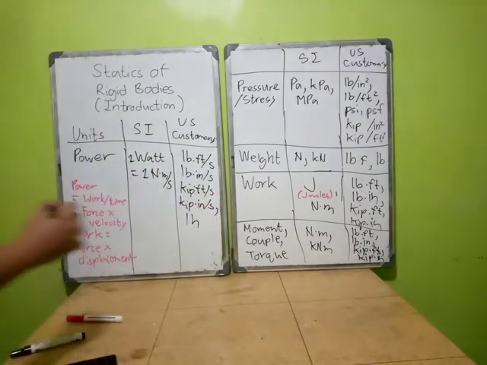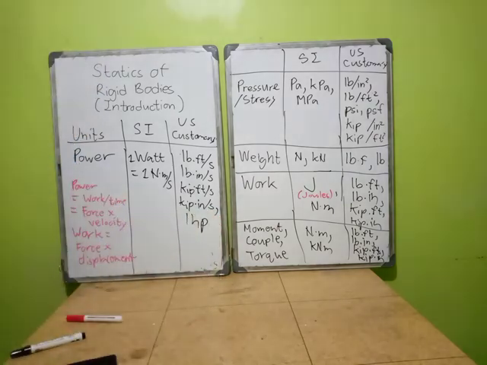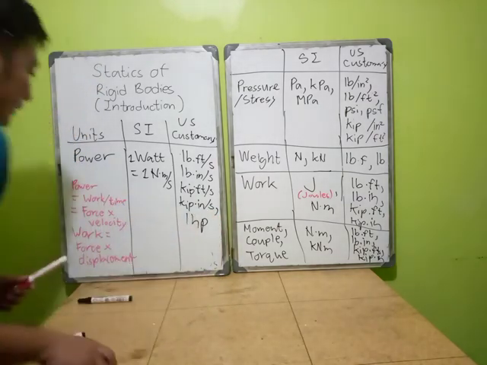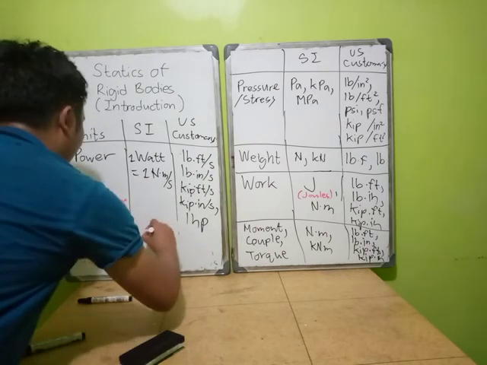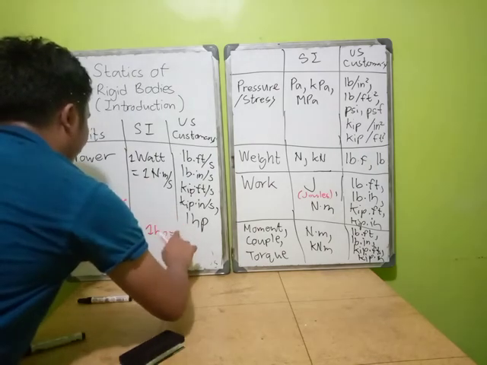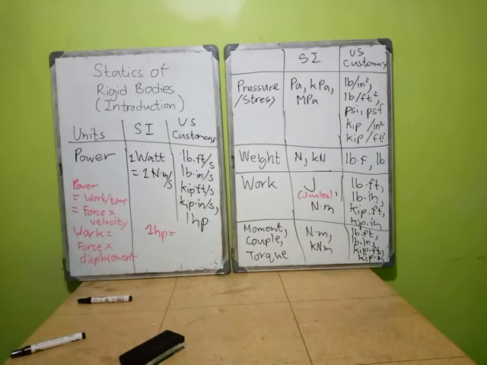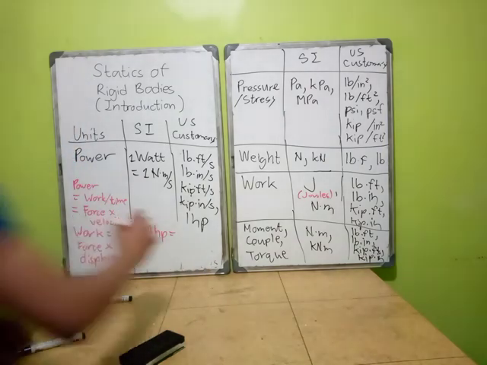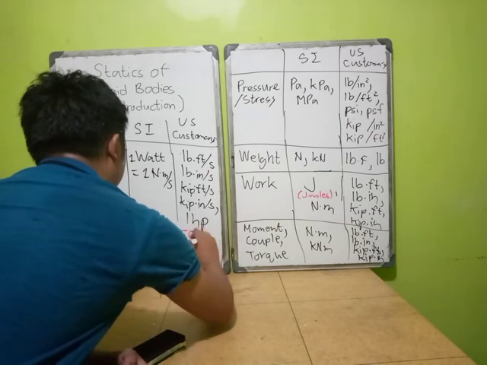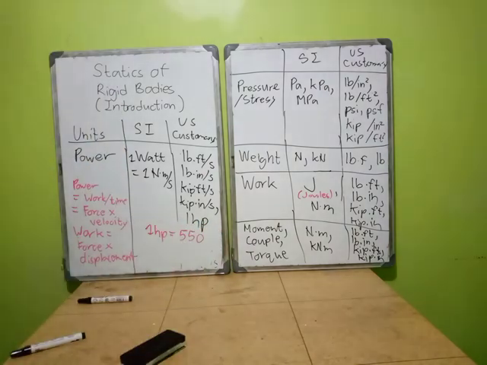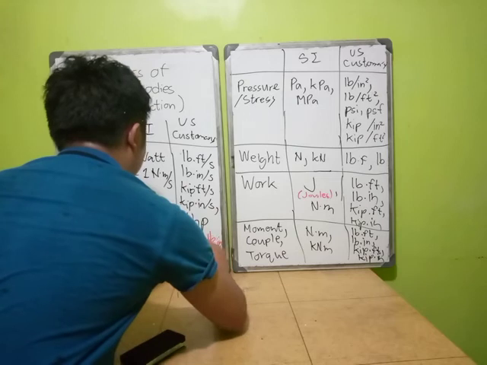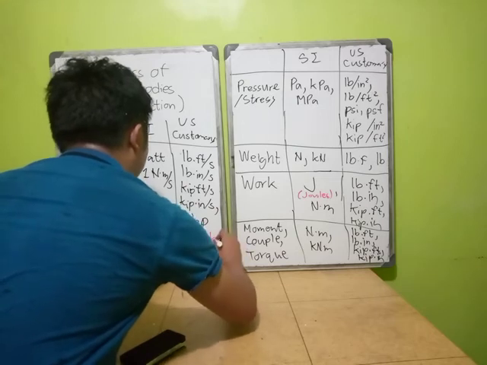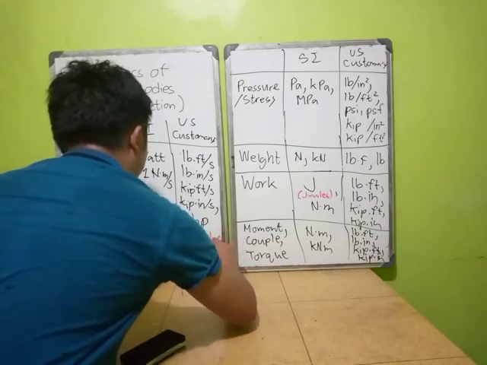Okay? So please remember, okay? Please remember this class, ha? 1 horsepower, okay, is equivalent to 550 libra foot per second.